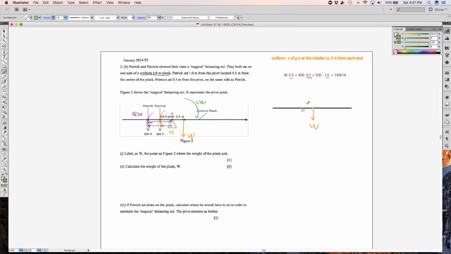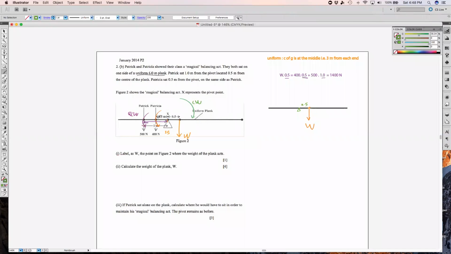And clearly we have to move Patrick. Patrick can't sit here because Patricia was helping him to balance the plank. Now he has to do it alone. In order for him to produce a larger moment, he needs to move further away. He needs to move some unknown distance away. We don't know what the distance is, but we know his weight is 500 newtons.